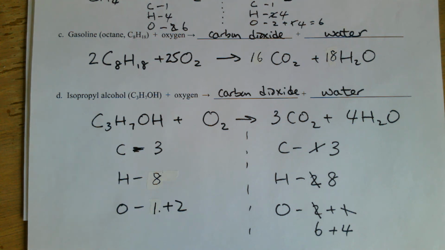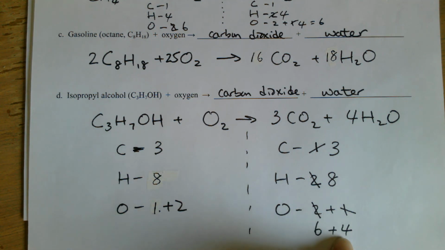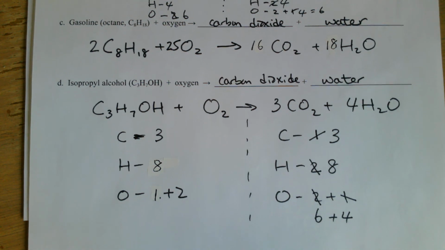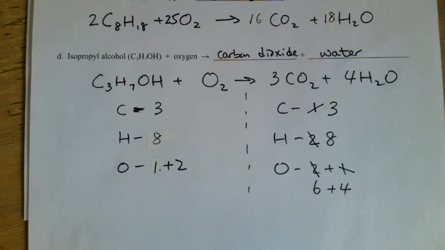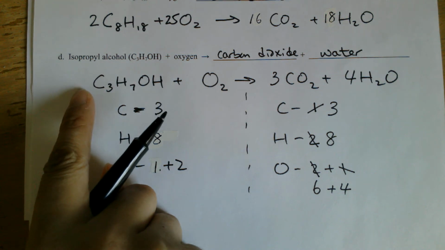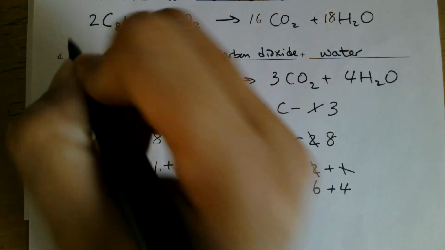So the problem right now is that on this side we have an odd number of oxygen, and on this side we have an even number of oxygen. So what we need to do, again, like the one before, we need to double our odd number to make it an even number. Right now, fortunately, we don't have anything in front of here, so we can just double that to make this 2.